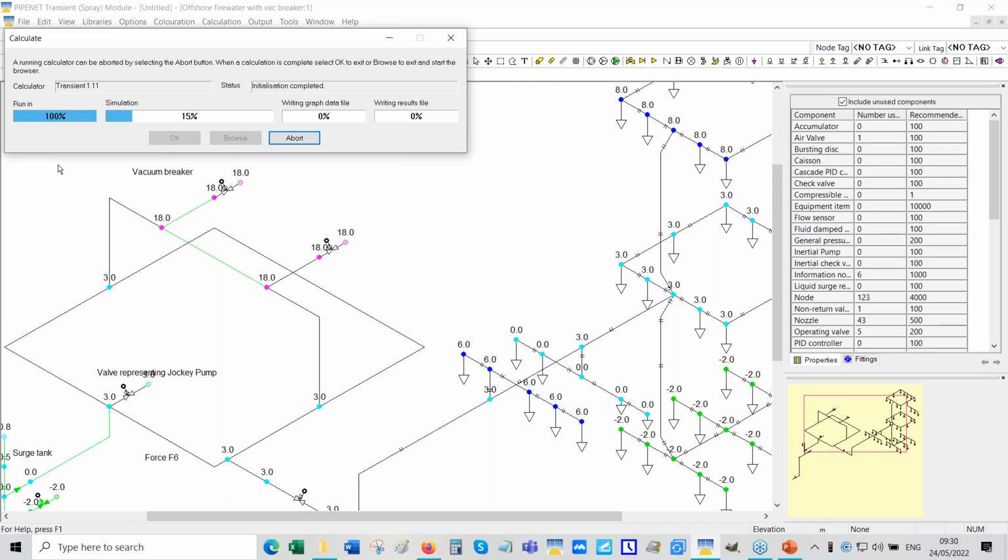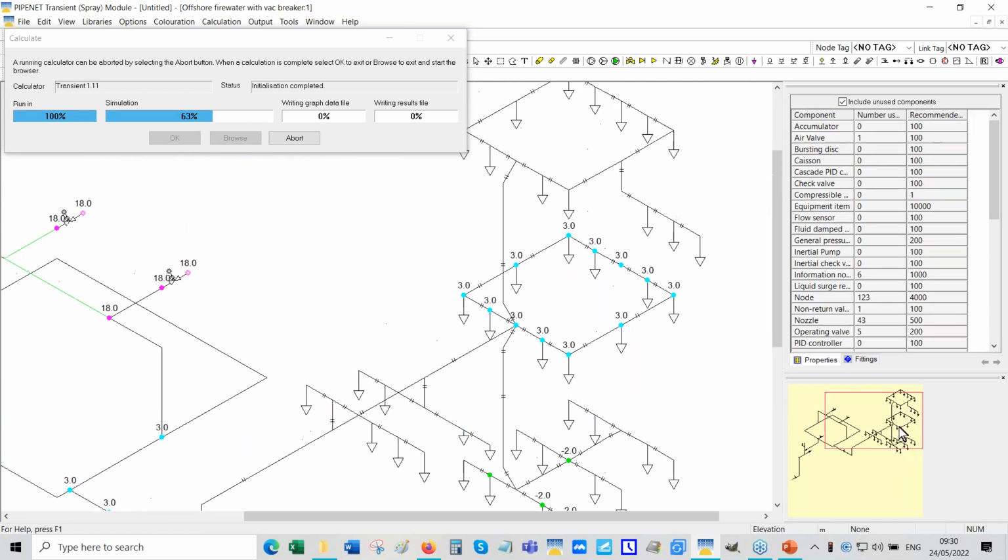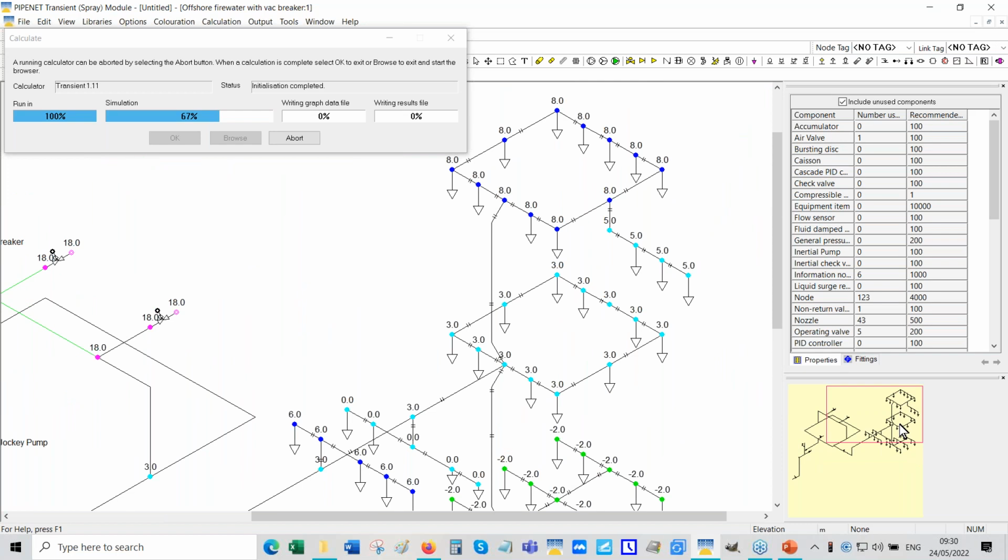I'll take this opportunity to have my cold coffee now. So you can see that the firewater ring main is all flooded, whereas the deluge system is dry, so it's a conventional kind of system.